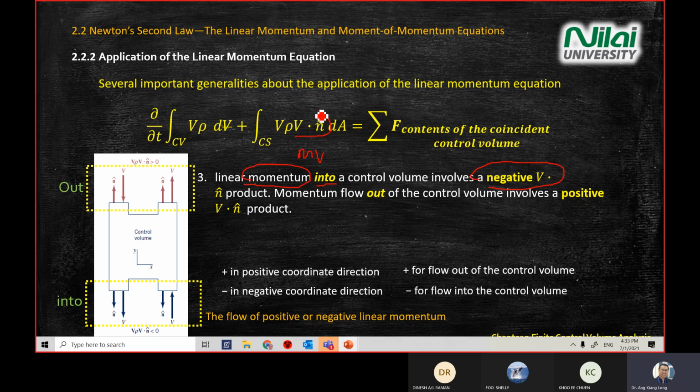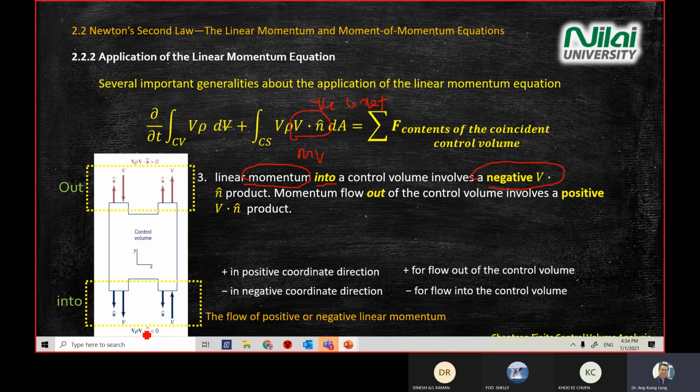This one will give you a negative value if it is an inlet. No matter the notation, in this equation, rho v dot n hat less than 0 means that it's negative.